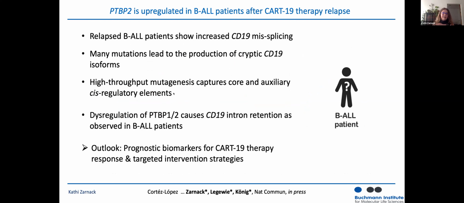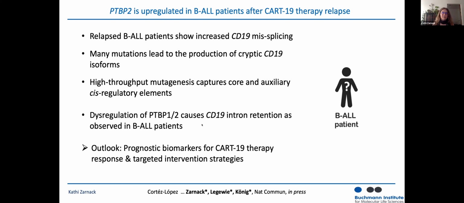And in general, I think these high throughput screens are really nice to map all these different regulatory elements and also the involved RNA binding proteins. And for our particular event here now, we propose that actually the dysregulation of PTBP1/PTBP2 could be involved in this CAR-T19 therapy resistance.